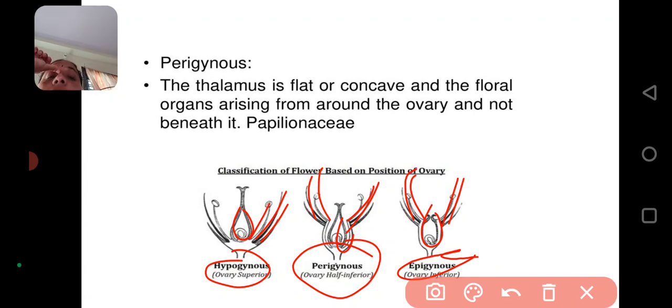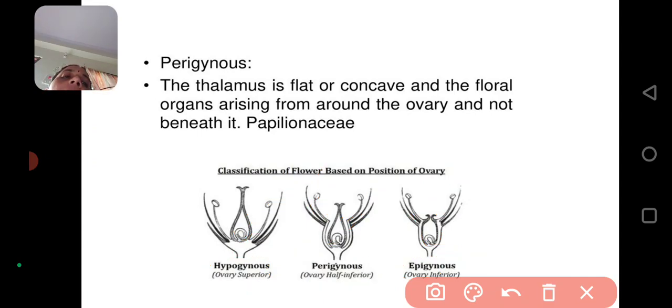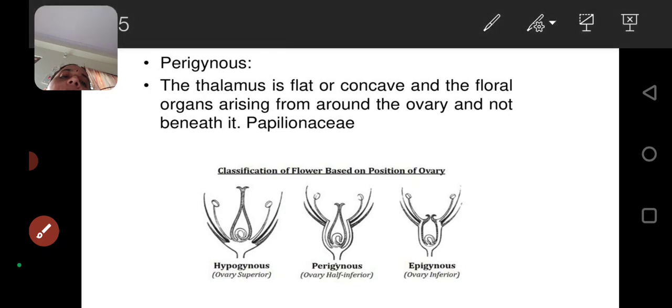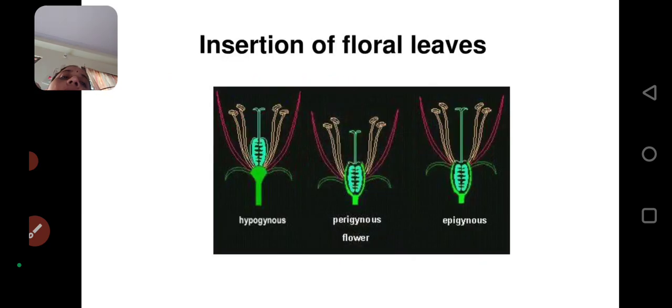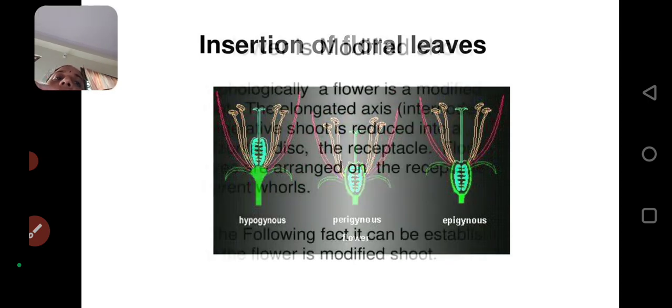Based on this arrangement, they are hypogynous, perigynous and epigynous. These are the colorful pictures showing hypogynous, perigynous and epigynous ovaries.